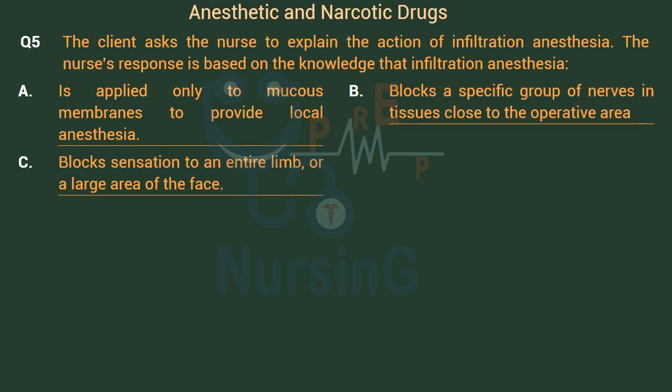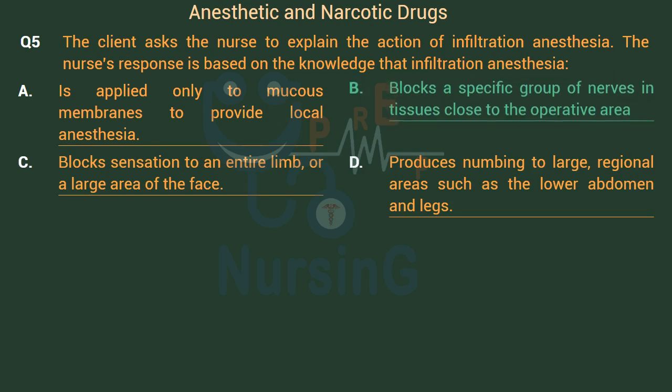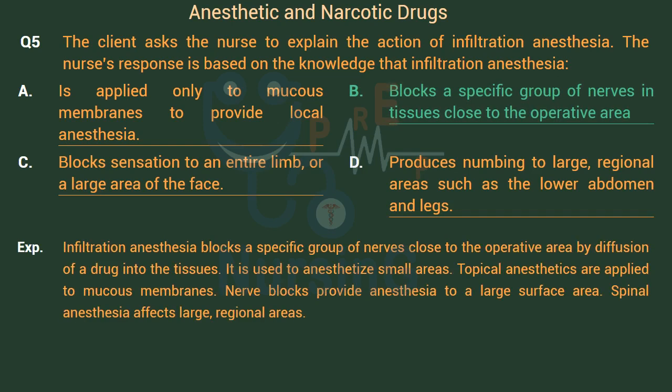Option C, blocks sensation to an entire limb or a large area of the face. Option D, produces numbing to large, regional areas such as the lower abdomen and legs. Right answer is Option B, blocks a specific group of nerves and tissues close to the operative area.